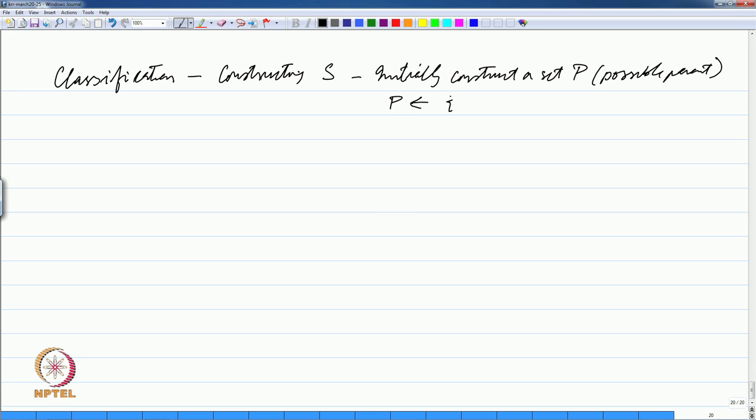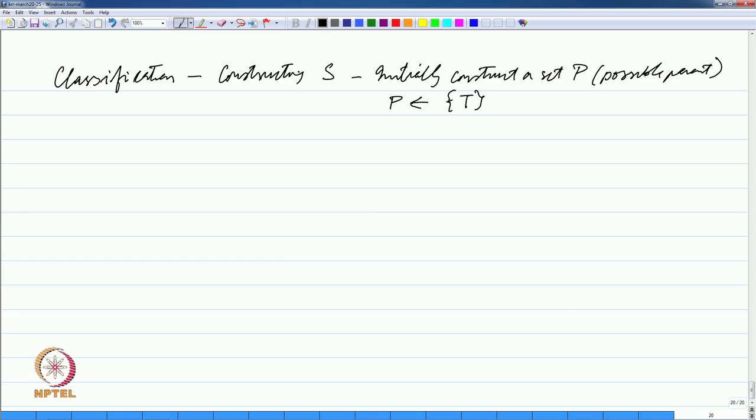Initially P gets the top element thing. So, you start at the top of the taxonomy with the thing and add it to P essentially. Okay, so let me write this a little bit. Then you pick a node n from P, and when we say pick a node, we also mean remove it from P.